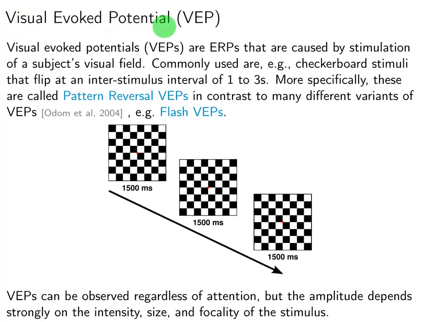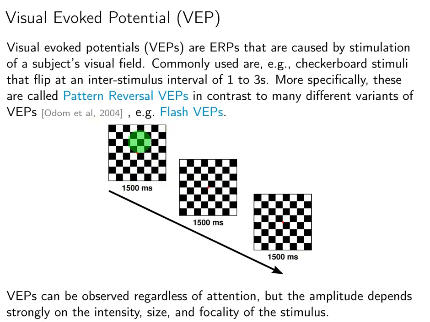Visual evoked potentials are also ERPs in EEG that are caused by stimulation of the subject's visual field. The visual field, as you can remember, is in the occipital lobe, the visual cortex. Commonly used stimuli are checkerboard stimuli that flip at an inter-stimulus interval of 1 to 3 seconds.